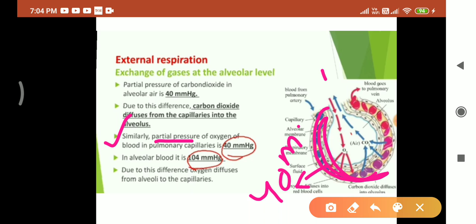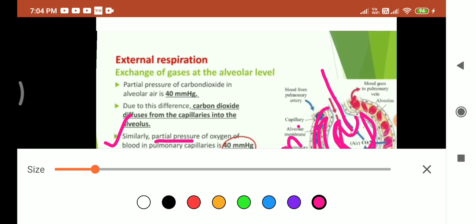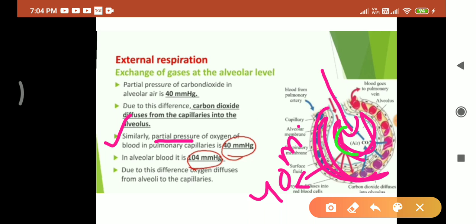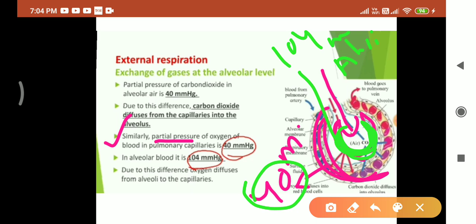And inside the alveolus, what is the pressure here? That is 104 mmHg. So here also there is a difference between the partial pressures: 104 in the alveoli and 40 mmHg in the capillaries. Please remember it.